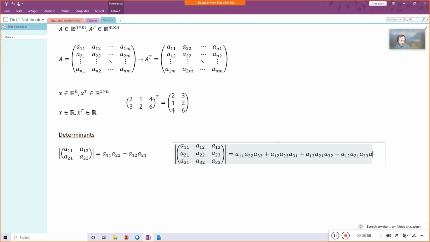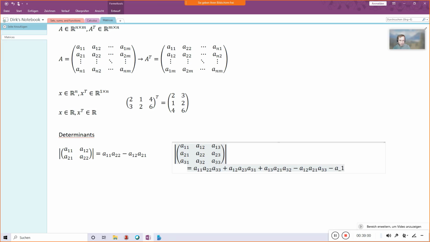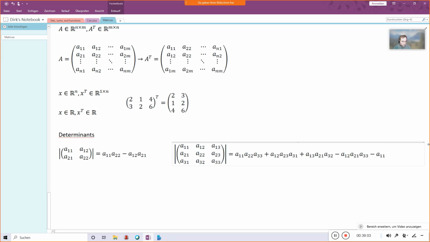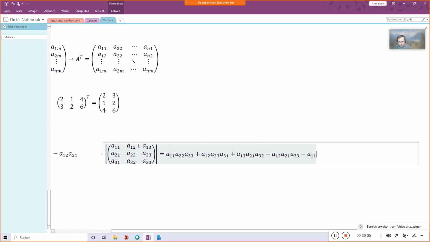next negative is A11, A23, A32, and the last negative term is the other diagonal, the diagonal the other way around, like this.